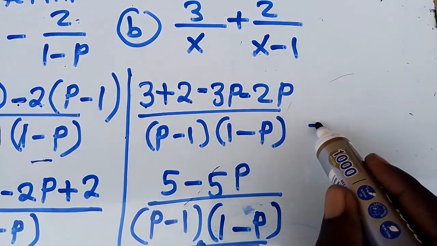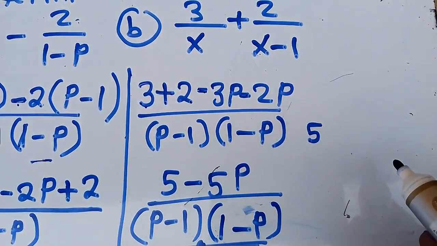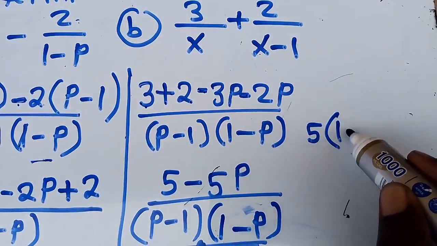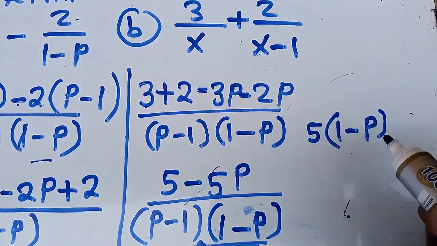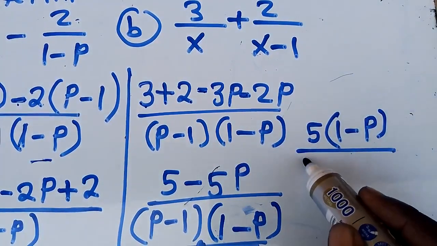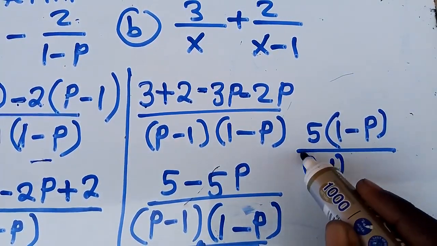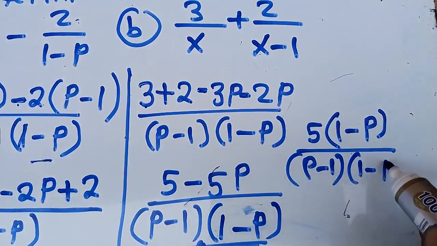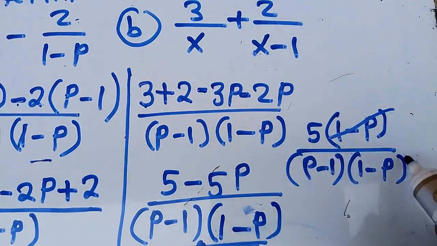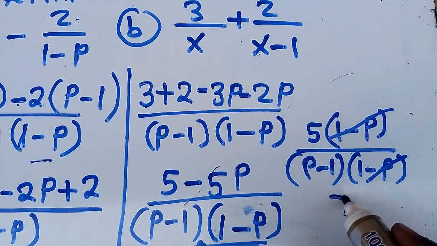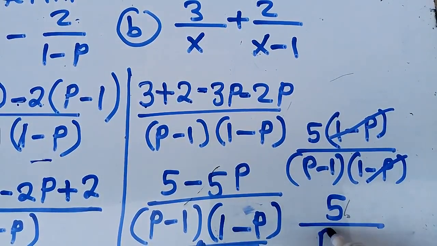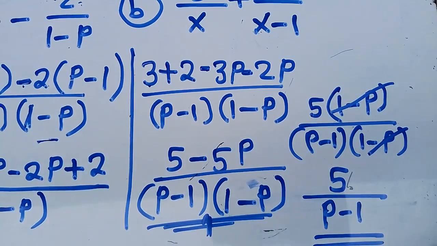Have you seen, 5 is common, open bracket 1 minus p. This is what you are going to have over p minus 1 minus p. These two are going to be cancelled. So you're going to remain with 5 over p minus 1 as your final answer, like this.